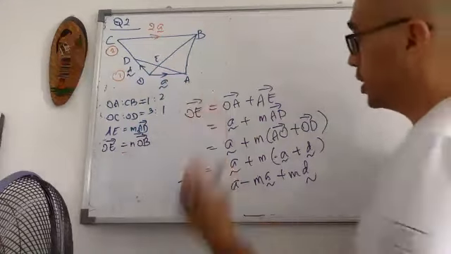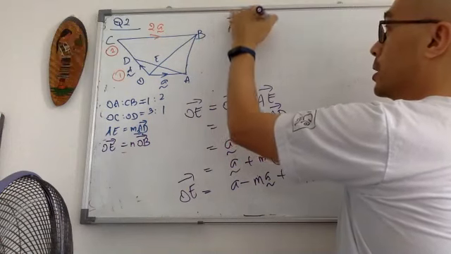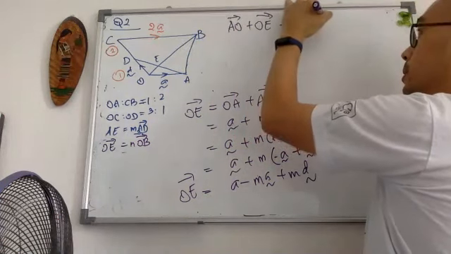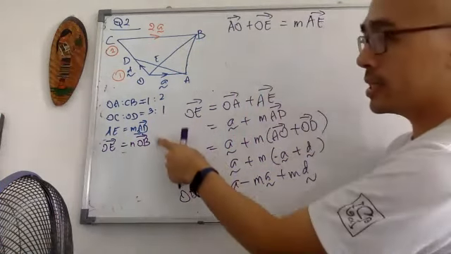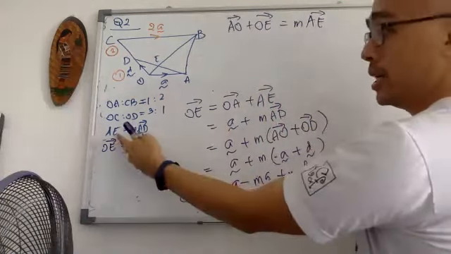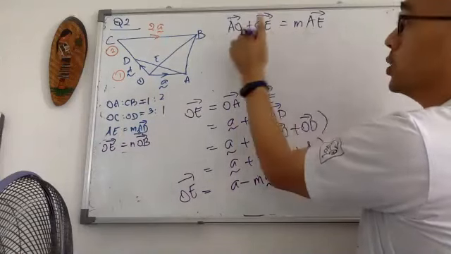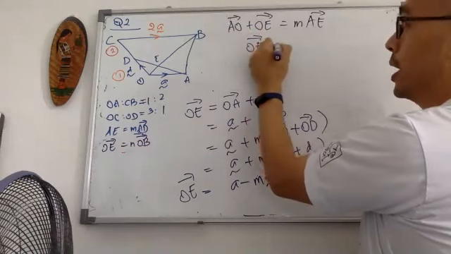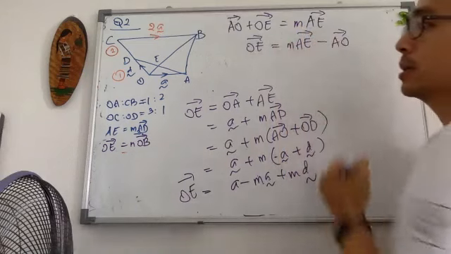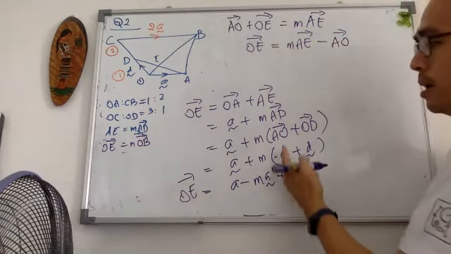Okay. According to the answer scheme, it is given here that AO plus OE equals M AE. They are using this and combining both together. So A to E is actually AO plus OE equals M AE. So that when I do OE, I'll get M AE minus AO.